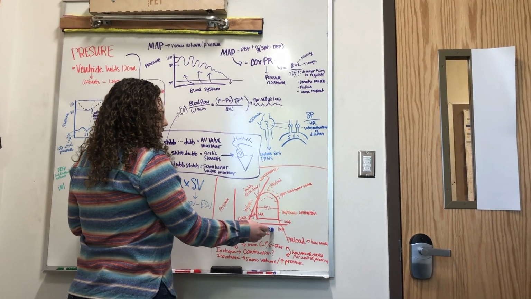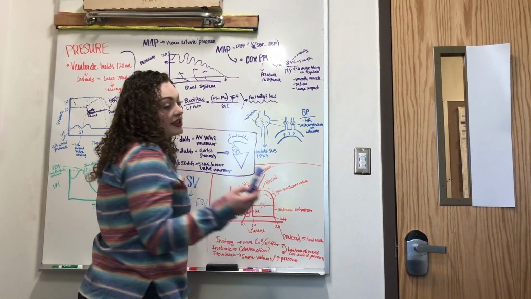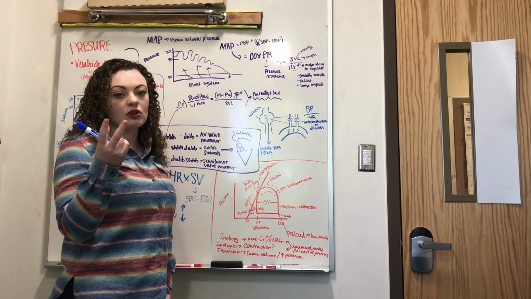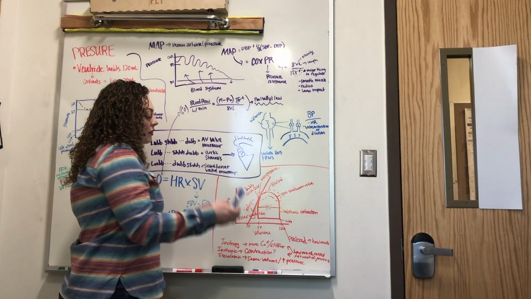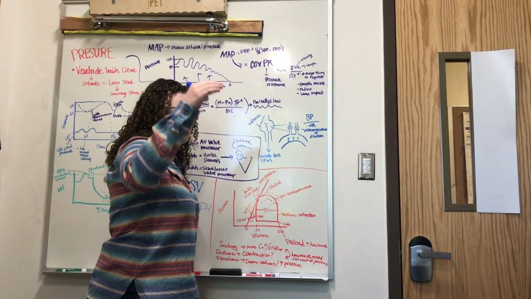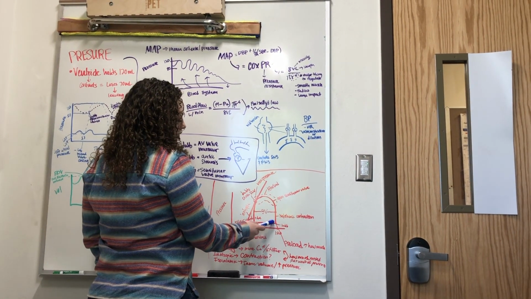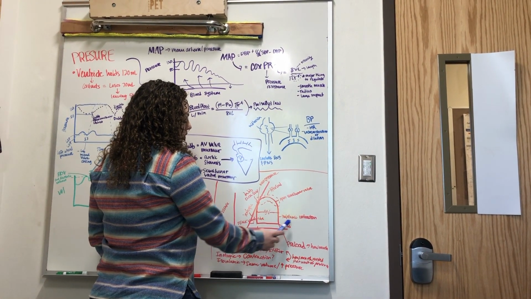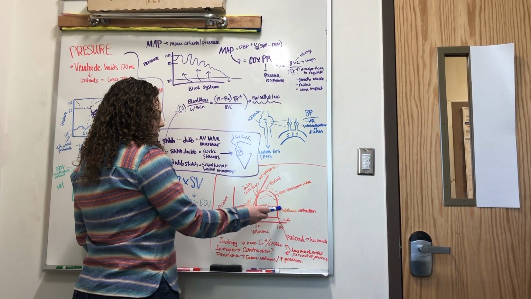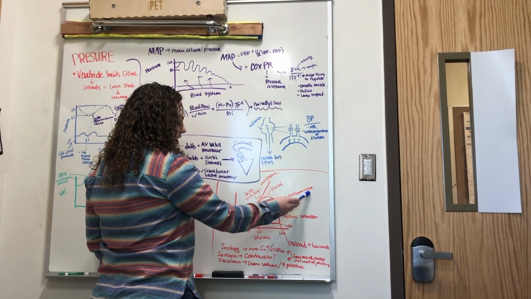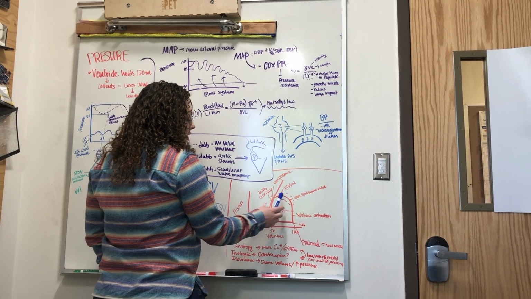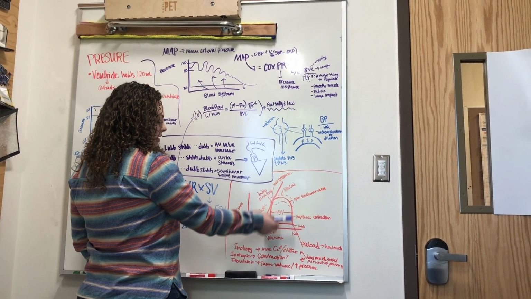Okay, so we've got our values. Where we're going to start is preload, which is asking us how much volume is being held in that left ventricle before it contracts. So then we have our lub that we just talked about. Our mitral valve closes, and that gives us our preload of how far it's going to be. Then we have our isovolumic contraction, and then we have our opening of the semilunar valves. And this is where we start determining what's called afterload, or how high it's going to be.